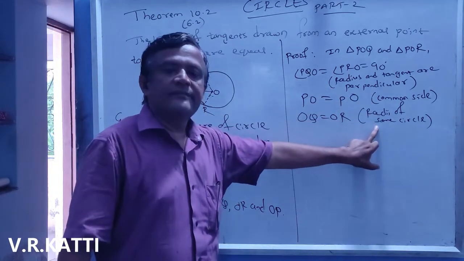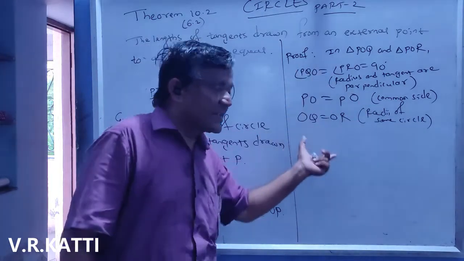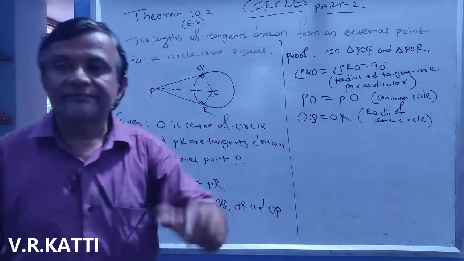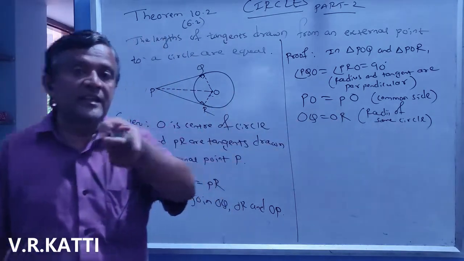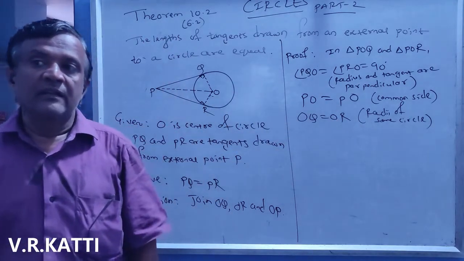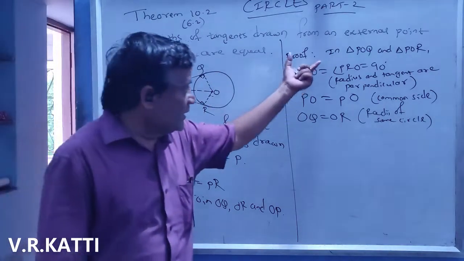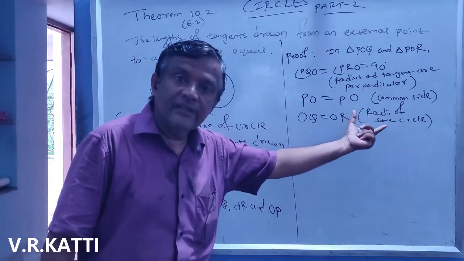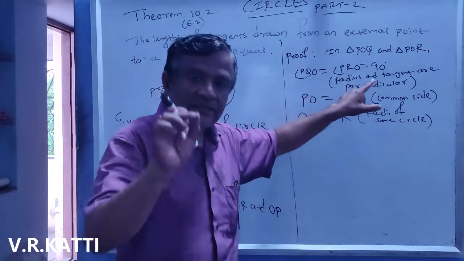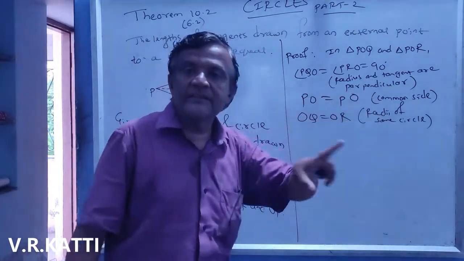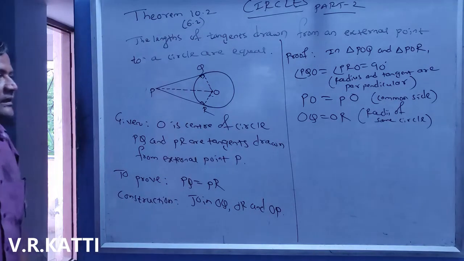If you write directly without it, you will lose the mark. Writing the reason in the bracket is very important. If you write only steps without reasons, you will lose marks. That is why, students, write the reason compulsorily in the bracket.